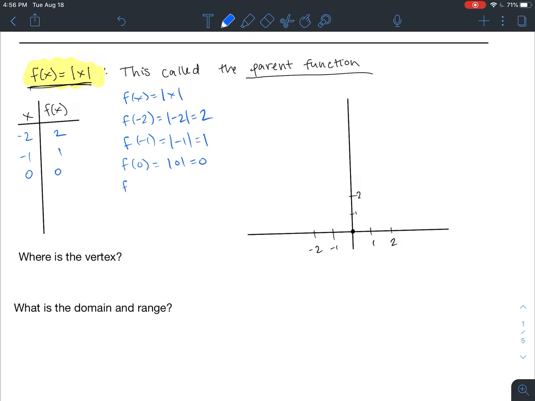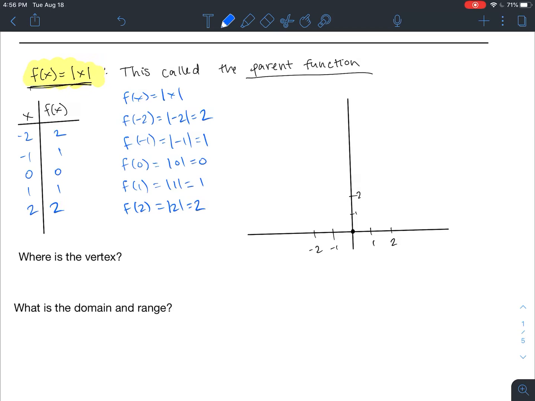Alright, f of 1 is equal to the absolute value of 1. That's just equal to 1. So when x is 1, y is 1. And last, let's try 2. Absolute value of 2 is 2. So when x is 2, y is 2. Let's go ahead and plot our points on this graph right here.